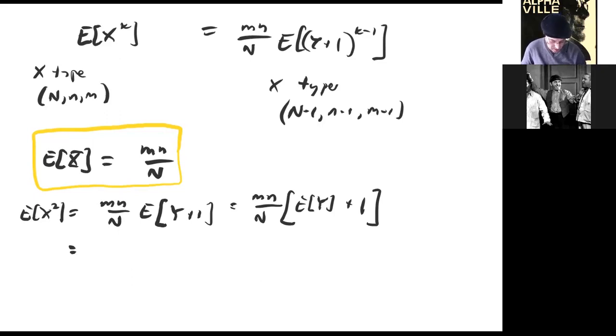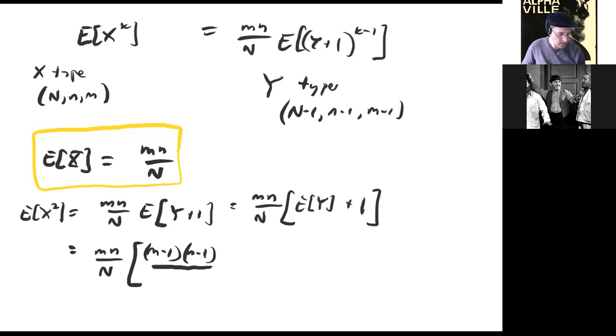Oh, I should have written a Y there, not X. And this is going to be MN over N times, now we apply the formula for the expected value of Y. We know that it's given by M minus 1 times N minus 1 over capital N minus 1.